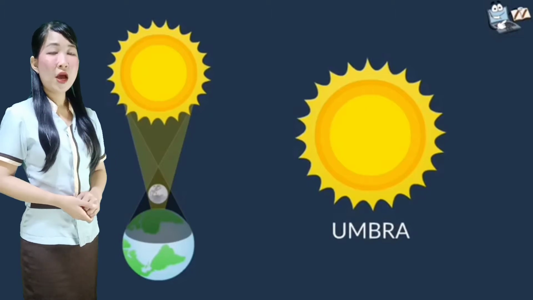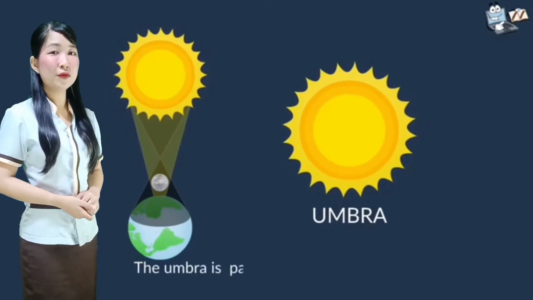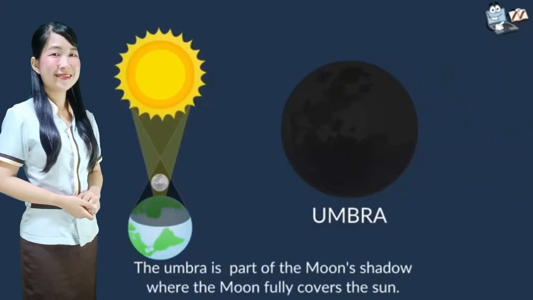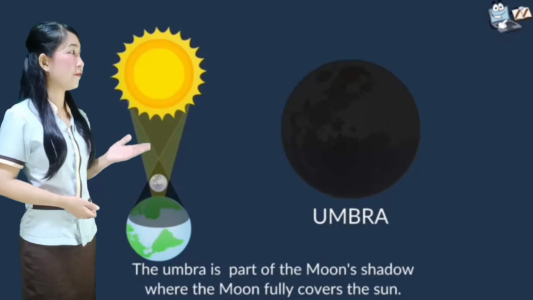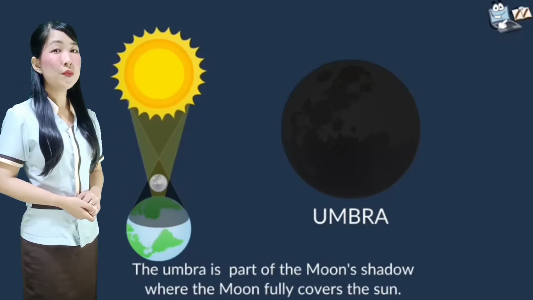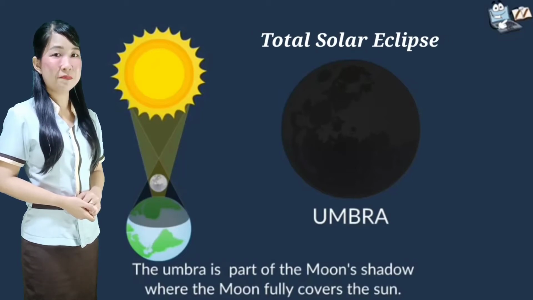Very good! Umbra is the part of the moon's shadow that fully covers the sun. The sun is not visible in this. Umbra is also what we know as the total solar eclipse.